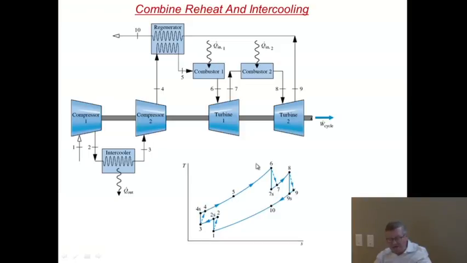From 5 to 6 is where you go through the first combustor. 6 to 7 is the first turbine stage. 7 to 8 is the second combustor. 8 to 9 is the second turbine stage. 9 to 1 is the exhaust that you've cycled. But going 9 to 1, you have first gone from 9 through the regenerator again to 10, which is an intermediate temperature on this isobaric cool down.